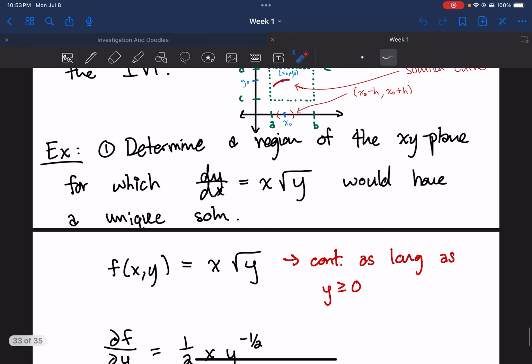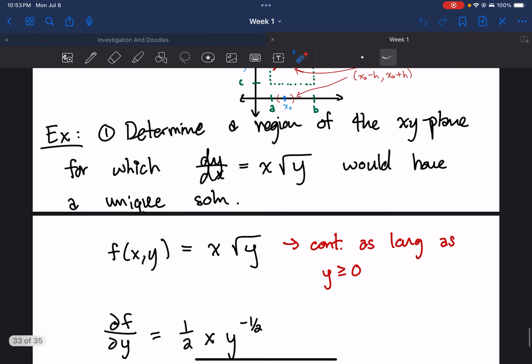Let's see if we can play the game and figure out what's going on. Here's an example. Determine a region of the xy plane for which this function would have a unique solution. So this right here on the right hand side is our f of x and y.